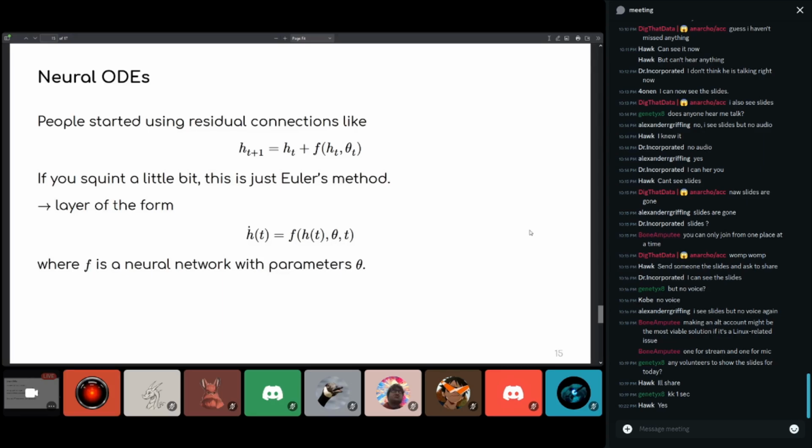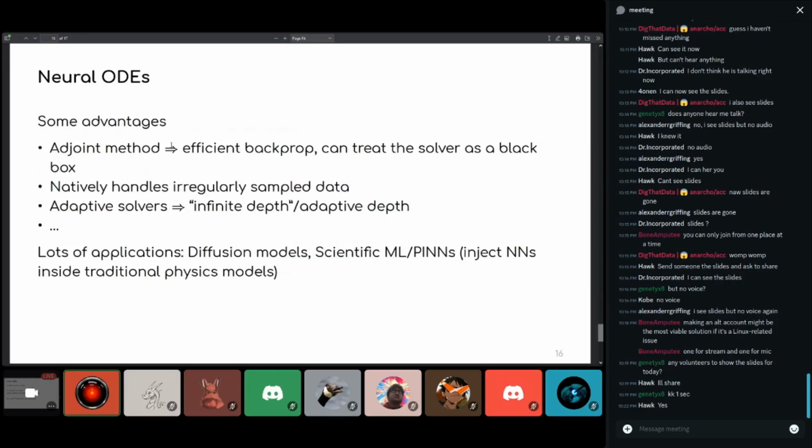And okay, so far so good, but what makes this work, if you go to the next slide, thanks, is that first of all, you can compute the backprop through this efficiently. So you don't have to use backprop through every single operation of your ODE solver. That would be very painful and basically you'd run out of memory.